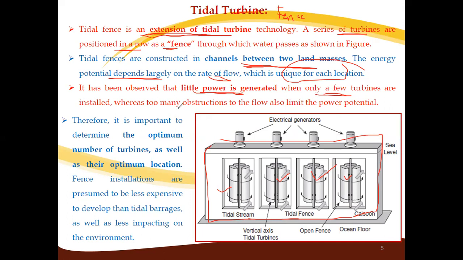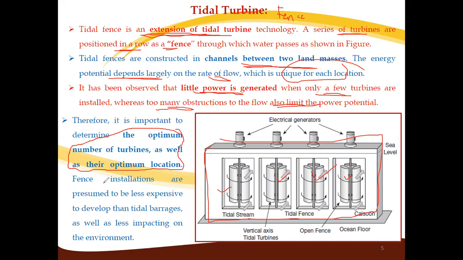Whereas when there is too much obstruction to the flow, that limits the power potential of this tidal fence. Therefore it is very important to determine the optimum number of turbines and where to locate them. This is more important in the case of the tidal fence.